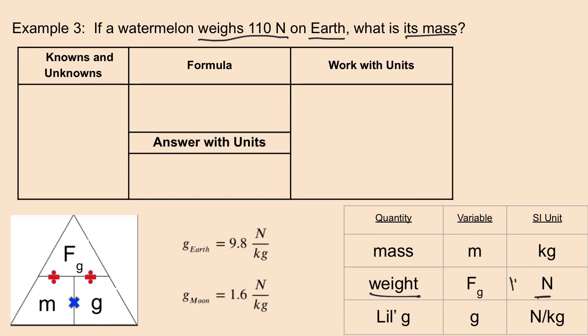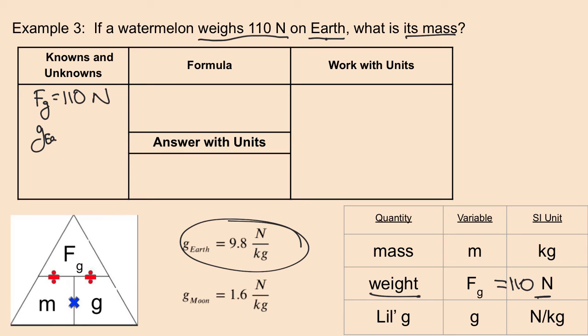Fg is 110 newtons. On Earth means that guy, that my surface gravity is 9.8 newtons per kilogram. And what is its mass? So mass equals question mark kilogram.